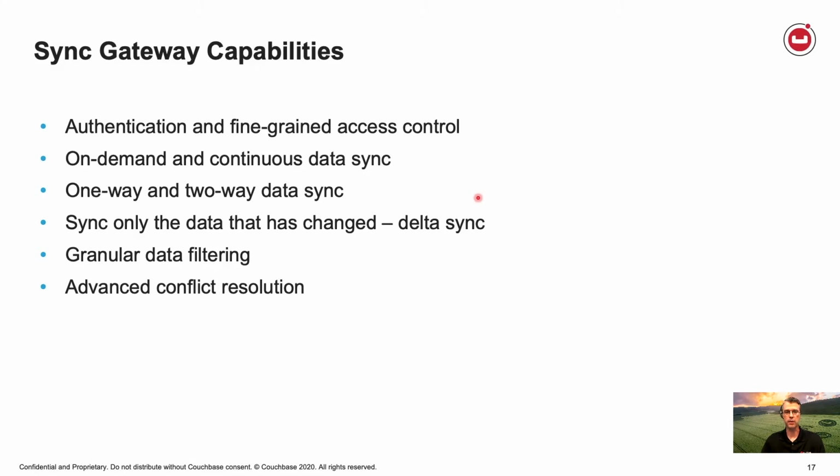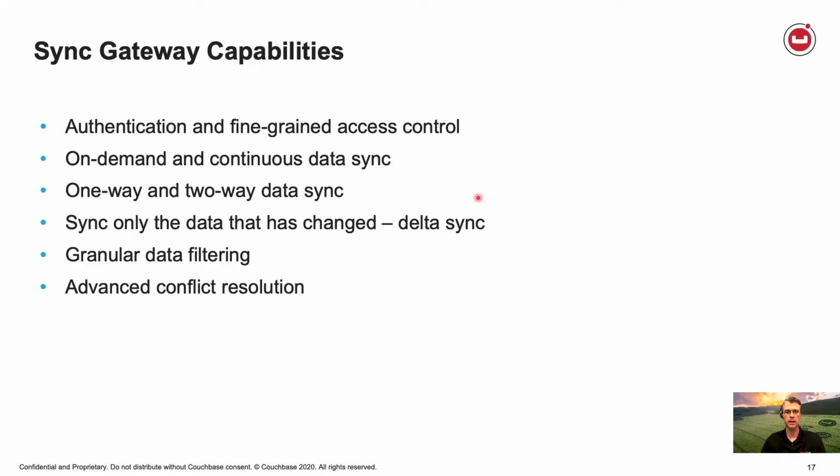The next few I won't be going into in the demo, but again, there are plenty of mobile sessions throughout the conference, and some of them will be going into these in a lot more detail. Just for now, know that you do have the ability to sync only the data that's changed, what we call delta sync. That's very beneficial in scenarios where there may be low bandwidth or very poor connections, so you don't have to sync the entire document.